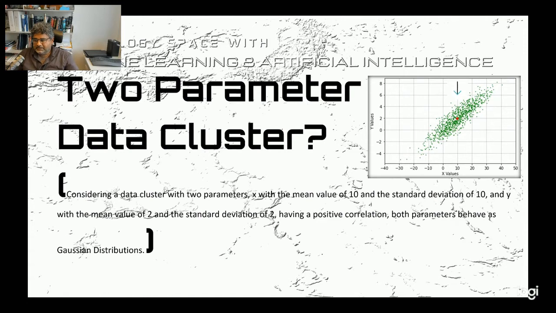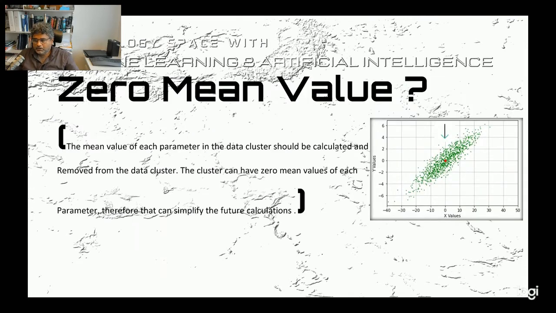So in this figure, the green dots represent this data cluster, and the red dot represents the mean values for both of these parameters. The first thing we do when analyzing data clusters or data sets, sometimes it is useful to remove the mean value from the data set.